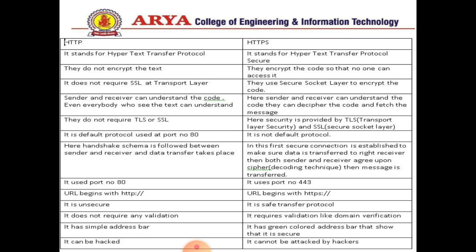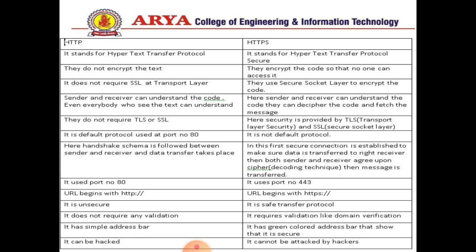Now the differences between the simple HTTP protocol and the secure version of the HTTP protocol. The simple version of HTTP does not encrypt the data which is transmitted, but the secure version of HTTP encrypts the data before transmitting it.